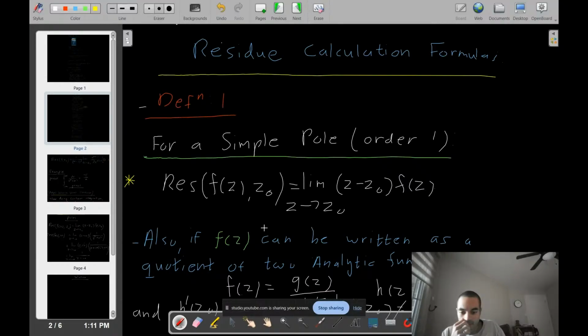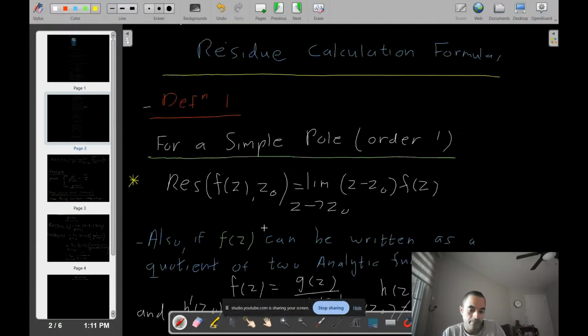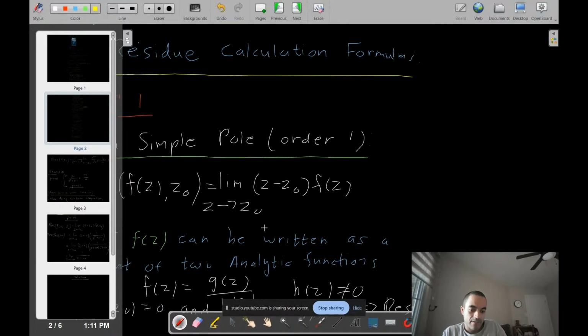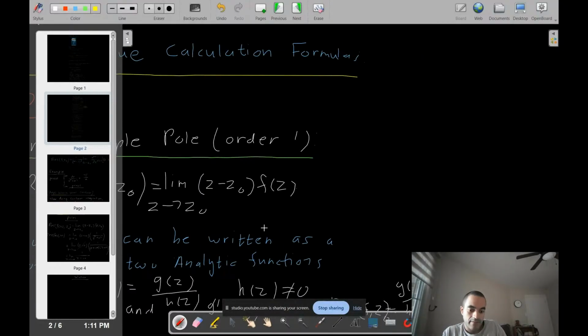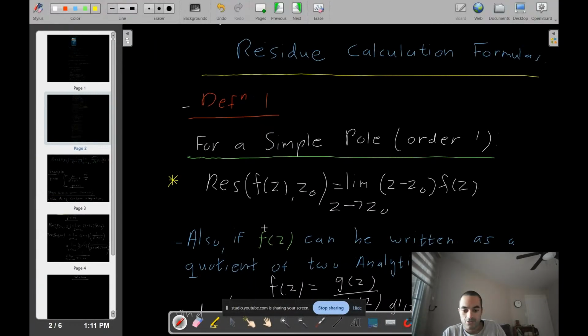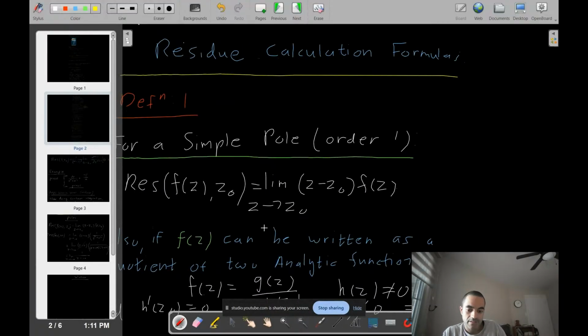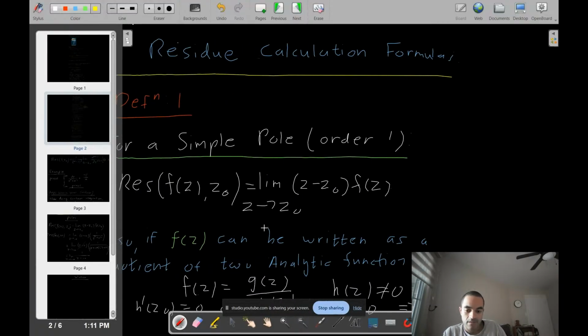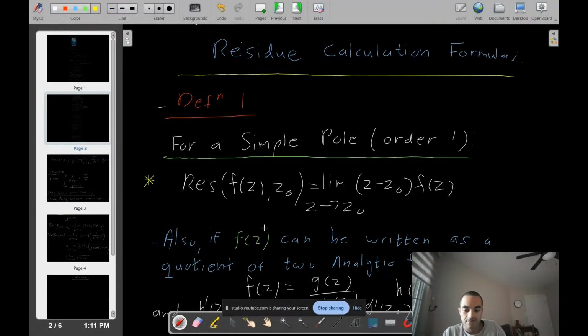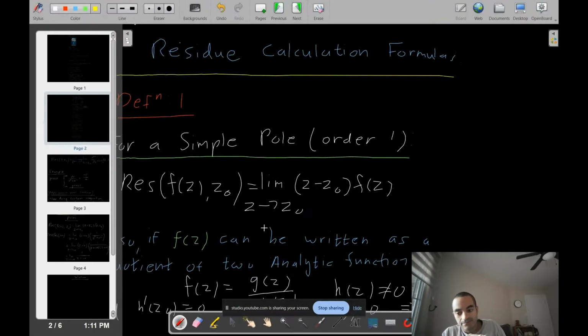And secondly, it depends on a complex number, and h prime of z0 is 0 if you take the derivative, and g prime of z0 cannot equal 0. So h prime of z0, let's say, is 0, but g prime of z0 cannot equal 0. Then the residue of f of z at z0 can be written equivalently as g of z over h prime of z.